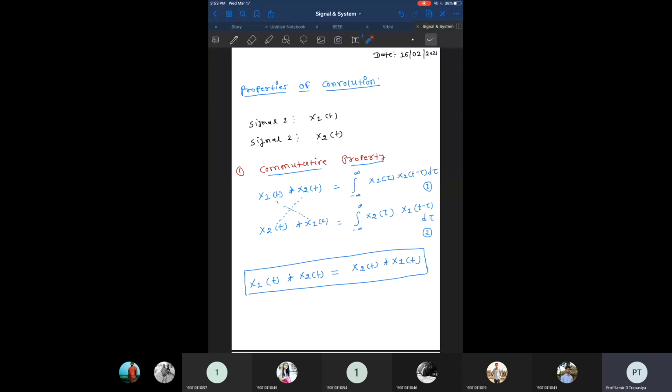The next property of convolution is known as the commutative property. Commutative property means that if we apply the convolution in either order, the resultant output would be the same.